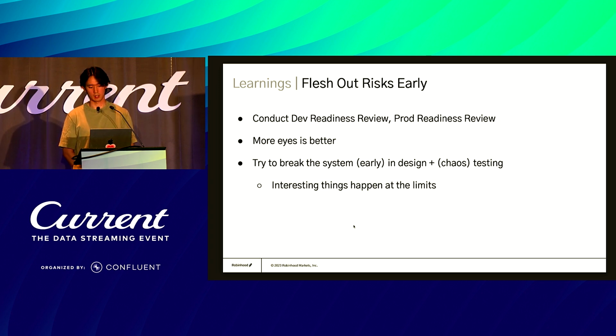We tried to break the system early in design and did a lot of chaos and load testing to make sure that nothing here causes a regression in the reliability we had in the EC2 world. Interesting things can happen at the limits, so we try to emulate those limits as much as possible.